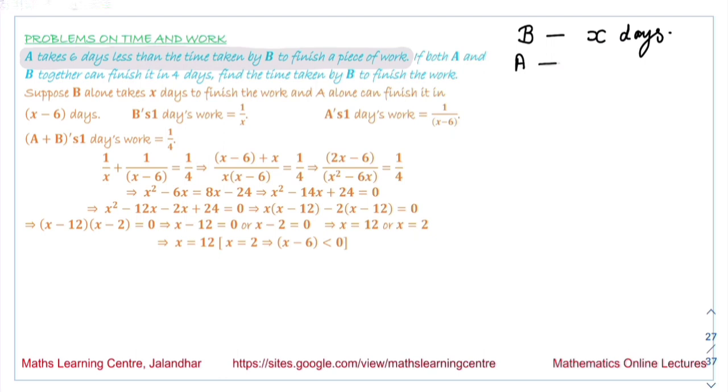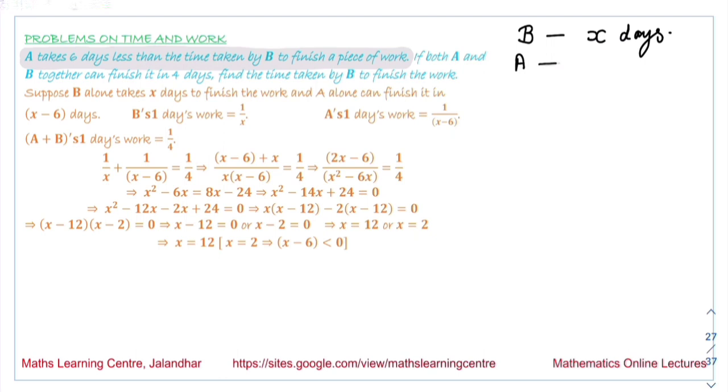Now if we talk about this 15 by 4 and substitute this value, since the larger tap takes 10 hours less, the answer will become 15 by 4 minus 10, and this value will be negative.